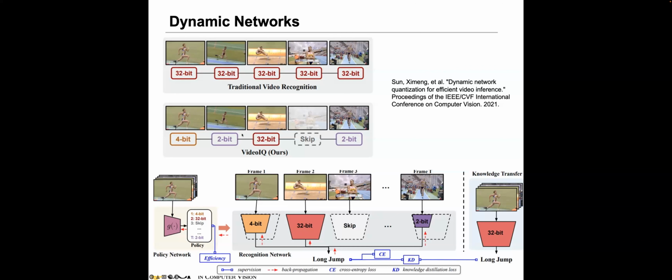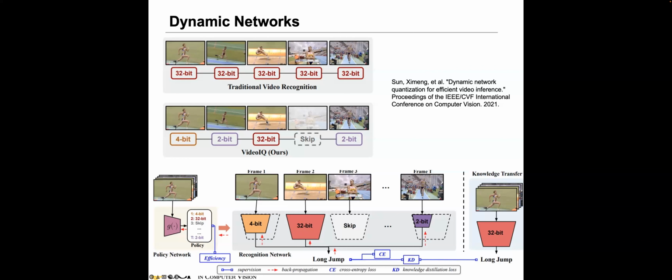So they want to intelligently assign different bit widths to different frames. Only full precision will be assigned to the frame containing the most important or informative information. So this is actually the long jump. You can see the field with the sand, you have this kind of meter to measure the distance, and this athlete is in the jumping position, just towards the landing.